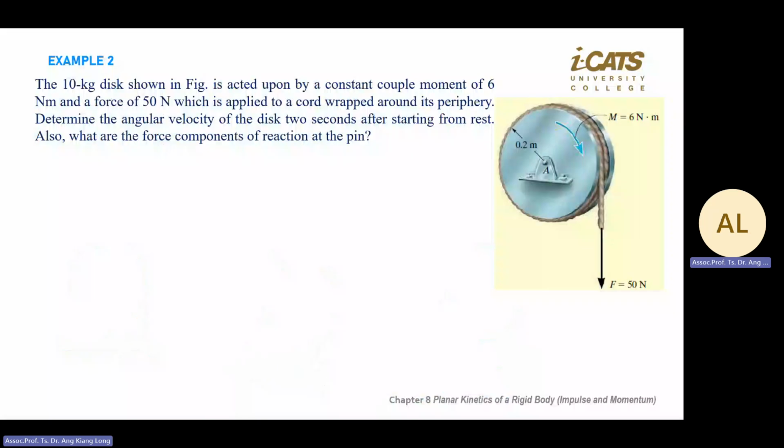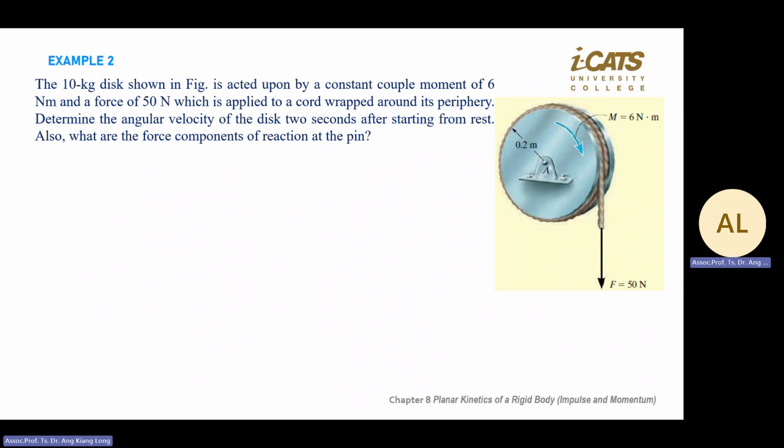Okay, now if you look at the diagram, the object rotates and you have a fixed point there, A. Radius is given, moment is given. So when moment is given, you know that you need to use all three equations that you've seen on the screen just now. Force is given.